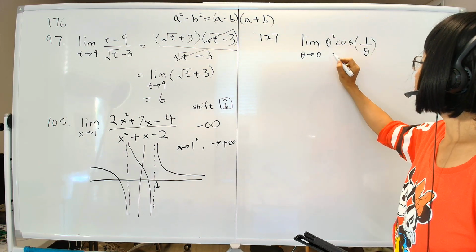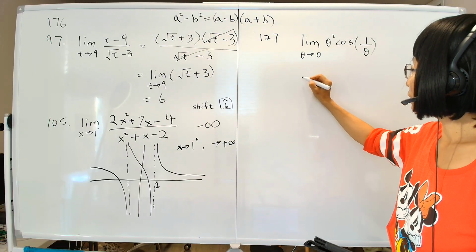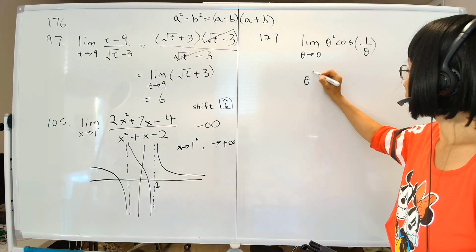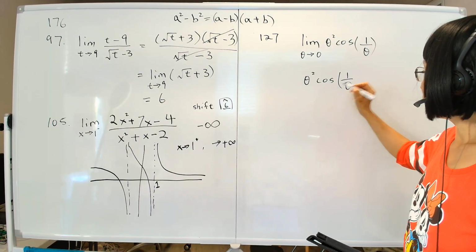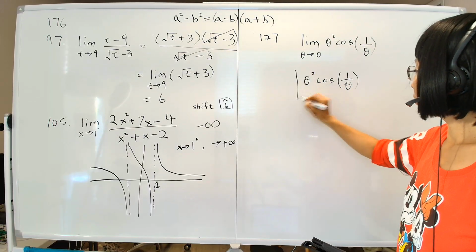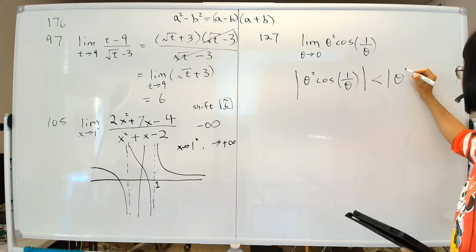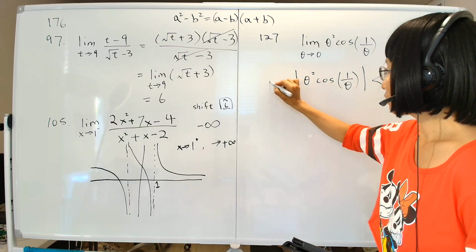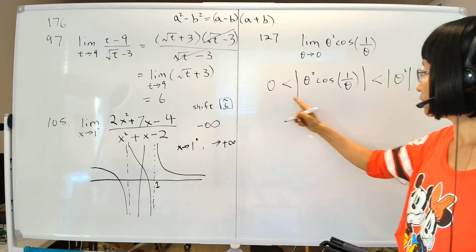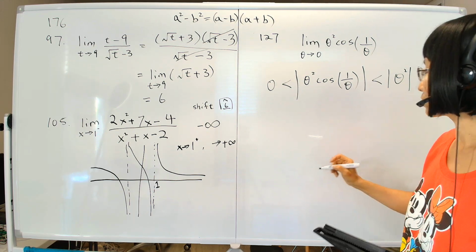But I'm not even going to do that, because this function, theta squared cosine of this thing, is less than just theta squared, which is bigger than 0. Okay, and this is your f of x in the squeeze theorem. That's g of x and that's h of x.